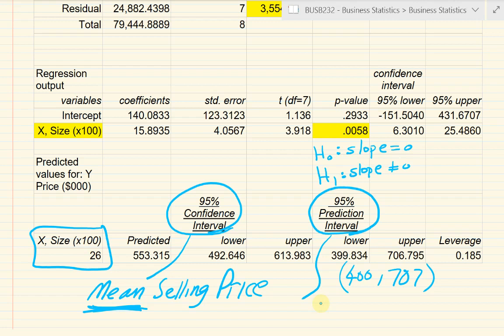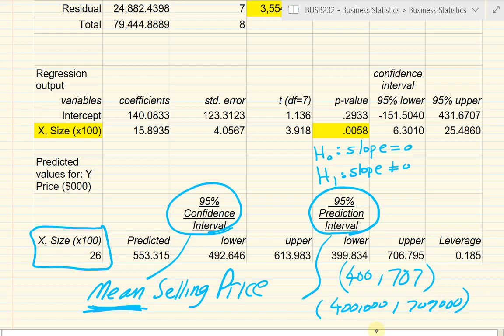And I'm asking my, let's say, real estate agent who's with me at that moment, what is the price of this house? I don't care about the average house. I like this house. What do you think the price of this single house is? And he or she's going to tell me that the price is anywhere between $400,000 for that house to $707,000.